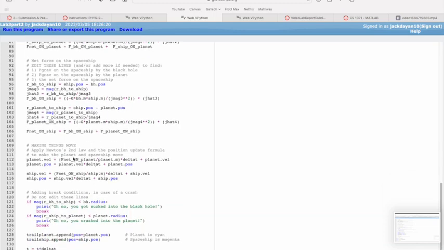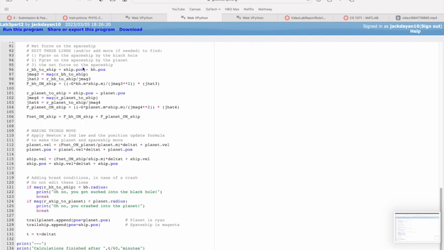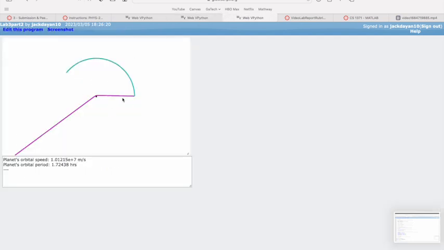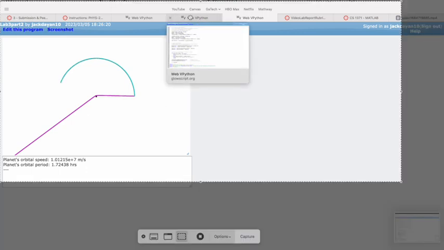Over here we can see that to make things move in the program, we applied Newton's second law and the position update formula to make the planet and the spaceship move and interact. So when we run this program, we'll get something like this, which tells us that the rocket successfully escaped the black hole.